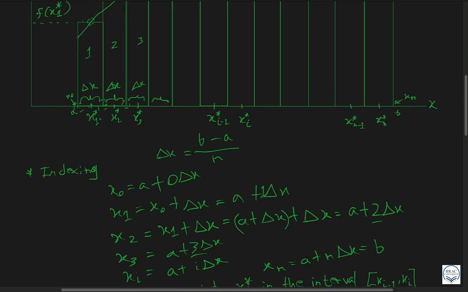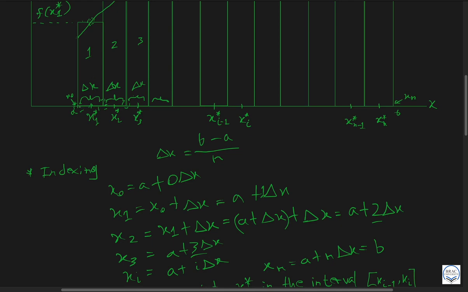In order to find the height of each of these rectangles, we can consider any point in between each of these line segments. For instance, the first line segment is from x0 to x1, the second one is from x1 to x2, and so on.